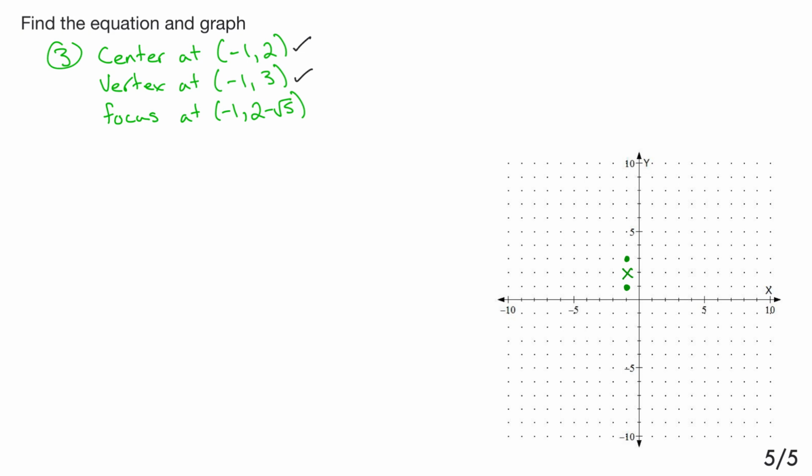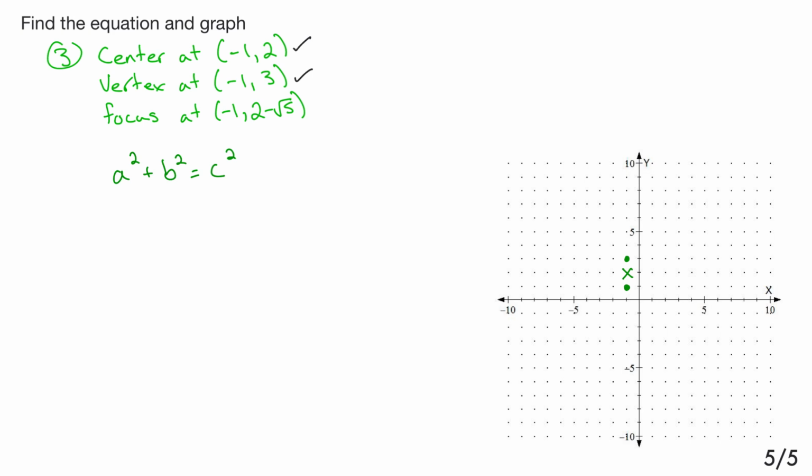The way that we get the focal length is from the formula a squared plus b squared equals c squared. We now know the focal length. The focal length is going to be 2 minus the square root of 5.